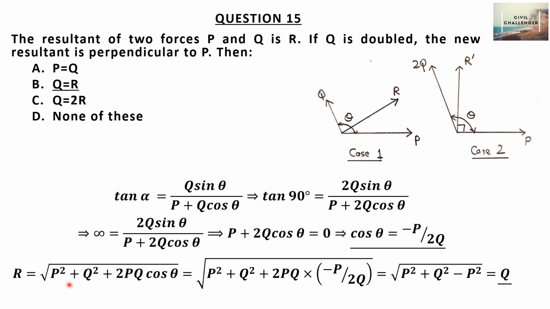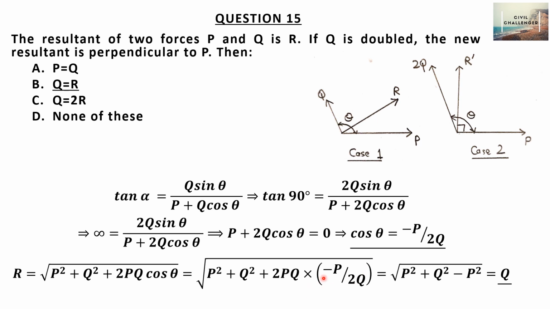Now substituting the value of cos theta in the equation for resultant, which is equal to square root of P square plus Q square plus 2PQ cos theta, we will get, since this equation can be directly applied because we have P and Q and angle between them as theta, square root of P square plus Q square plus 2PQ into cos theta's value, minus P divided by 2Q.